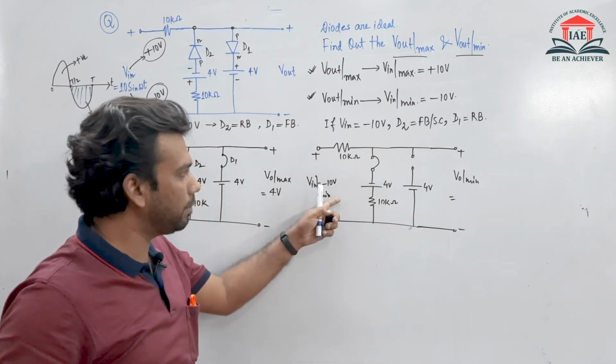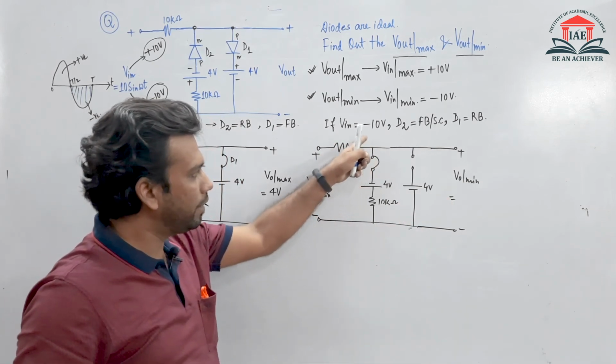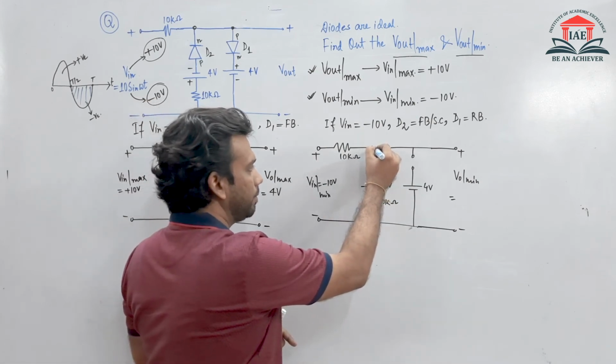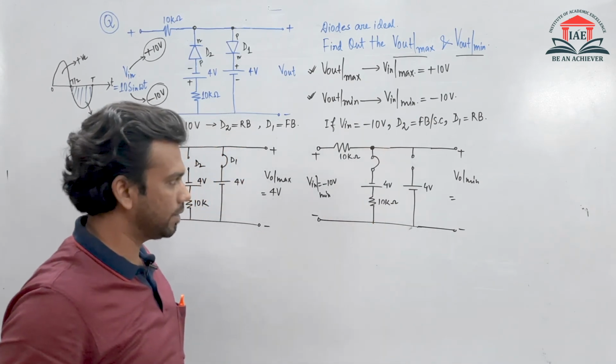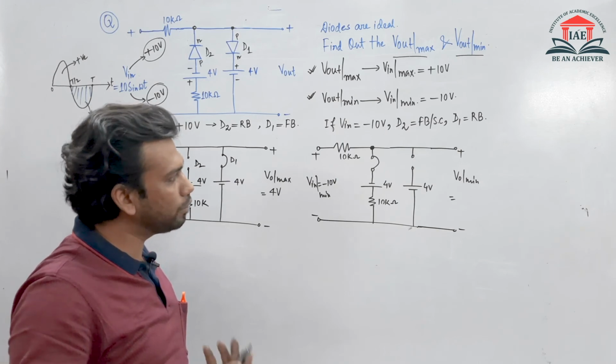So V output minimum निकालने के लिए आपको यहाँ पे नोडल एनालिसिस अप्लाई करना होगा. You have to apply this nodal analysis. अगर नोडल एनालिसिस भी अप्लाई नहीं करेंगे तो भी निकल जाएगा.